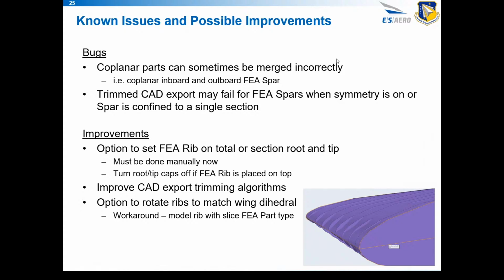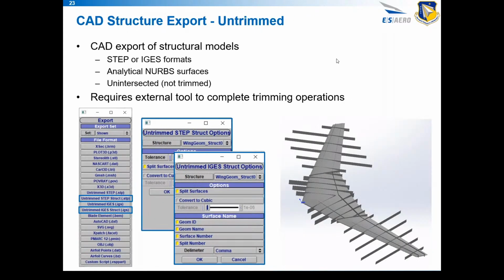There are some issues with the trimmed CAD export with having the FEA parts confined to a certain section, or for when symmetry is on. If you look back at an image like this, all these cutting planes are oversized slightly. So when you have something like a spar, it's actually going to be oversized into the symmetric copy.